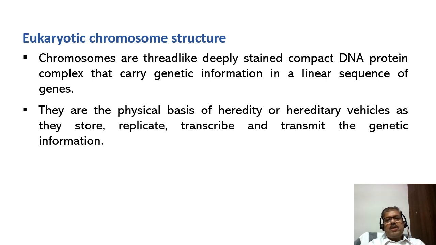Eukaryotic chromosome structure. Chromosomes are thread-like, deeply stained, compact DNA-protein complexes that carry genetic information in a linear sequence of genes. They are the physical basis of heredity, and they are the hereditary vehicles as they store, replicate, transcribe, and transmit the genetic information.